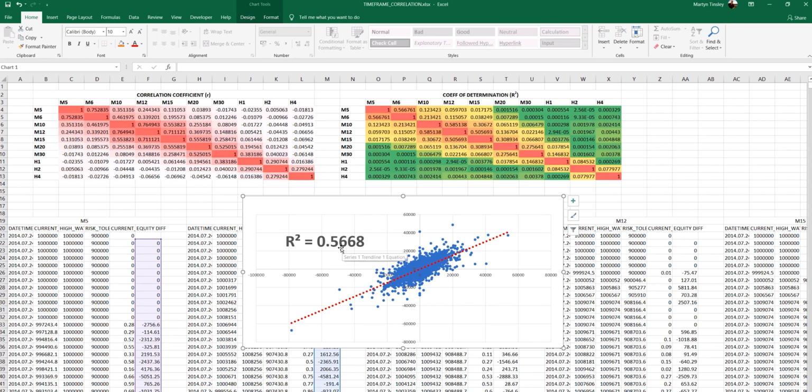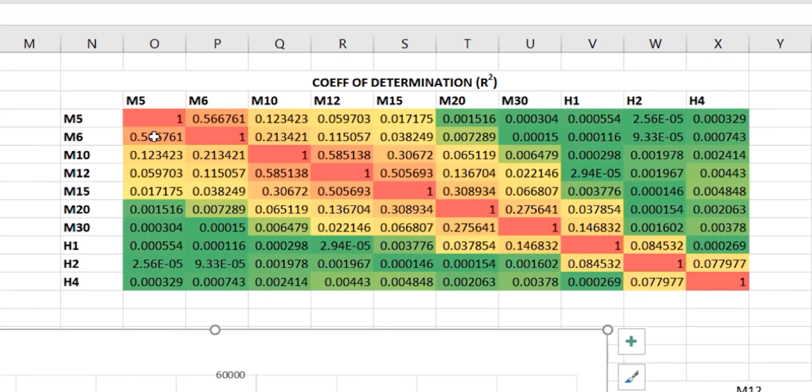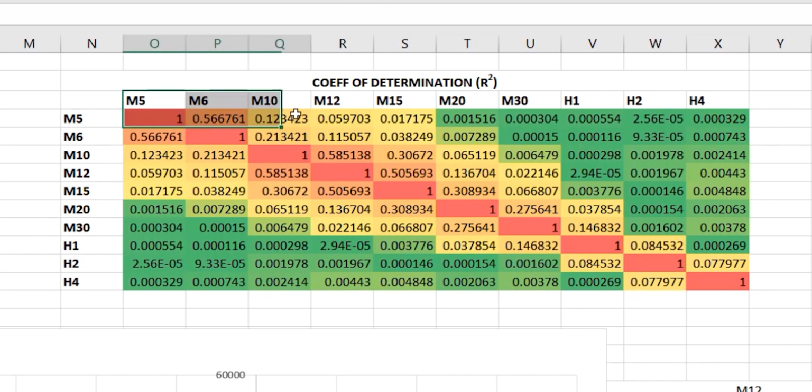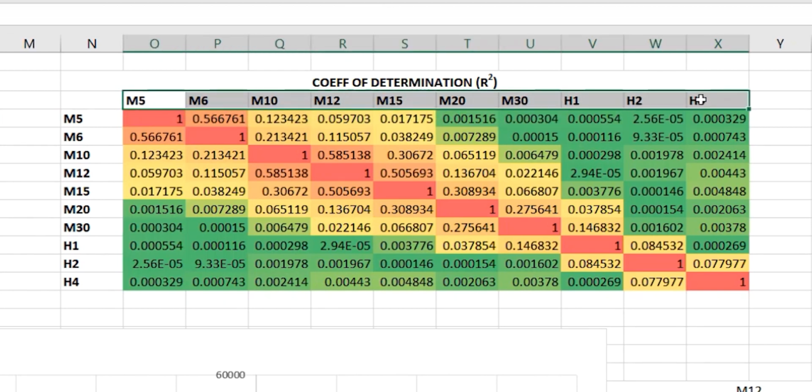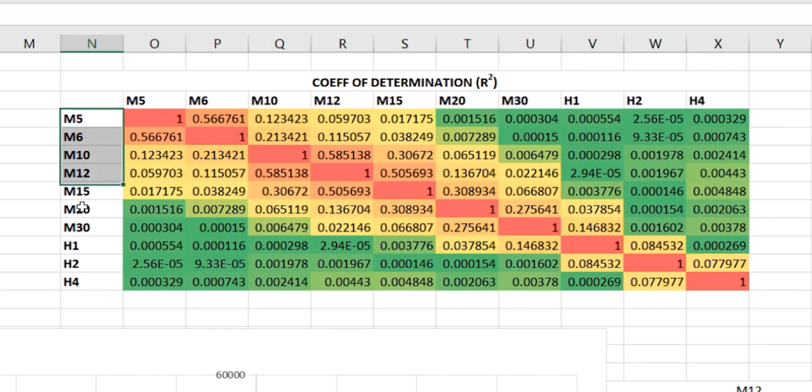If we now calculate the R squared value for this, it comes out at 0.57, which is the value that you can see here and here in the heat map. So just explaining this in a little bit more detail, across the top, we've got all of the time frames that I tested, and then we've got the same time frames down the left-hand side here.